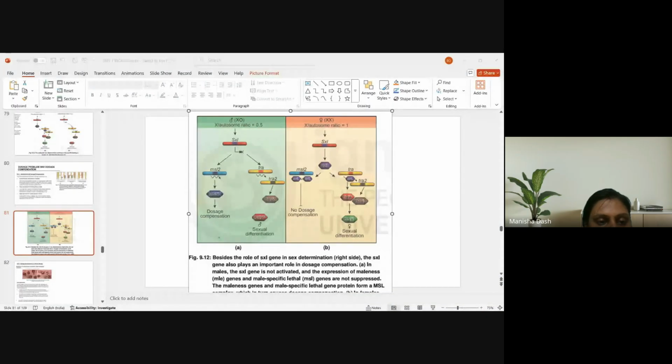So here what is happening: if the SXL gene is inactive, MSL2 remains active and it can lead to dosage compensation. It will lead to hyperactivation of the X-linked genes.